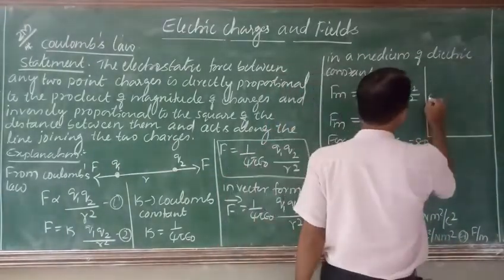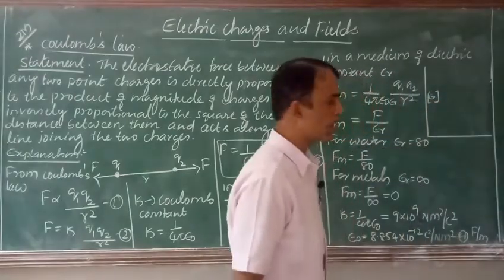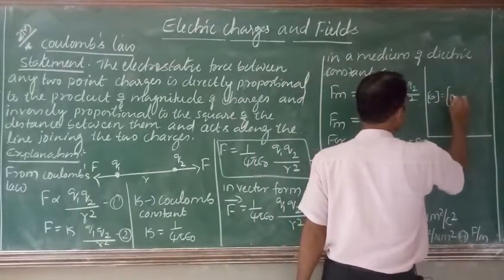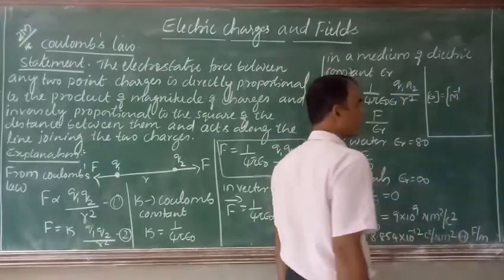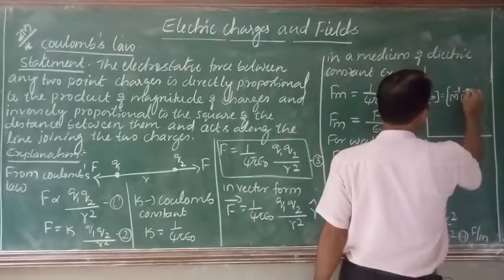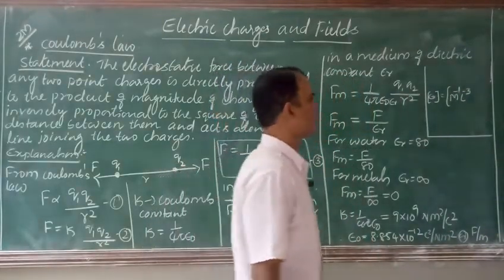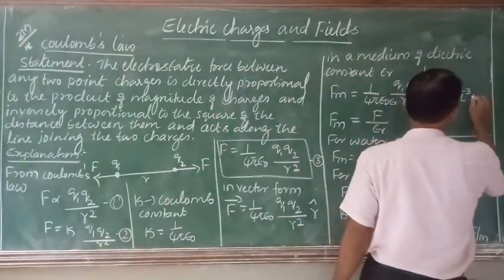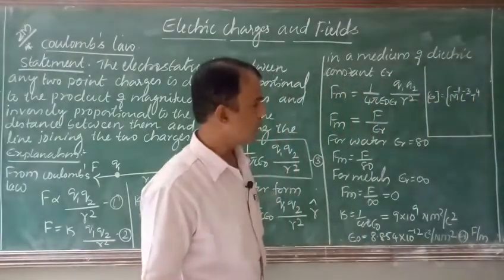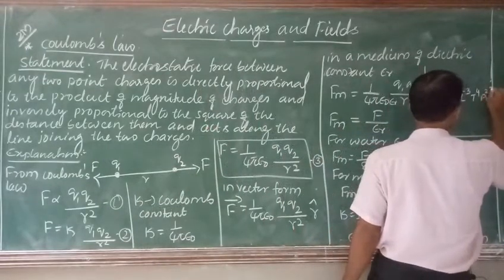So I want to write the dimension of this epsilon naught. The dimension of epsilon naught is minus 1 unit of mass, M power minus 1, minus 3 unit of length, L power minus 3, 4 unit of time, say T power 4, and 2 unit of electric current, say A square.